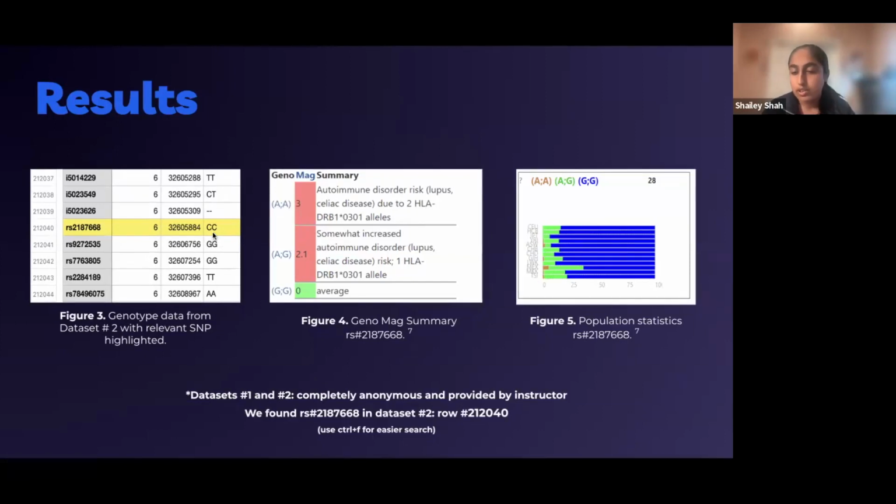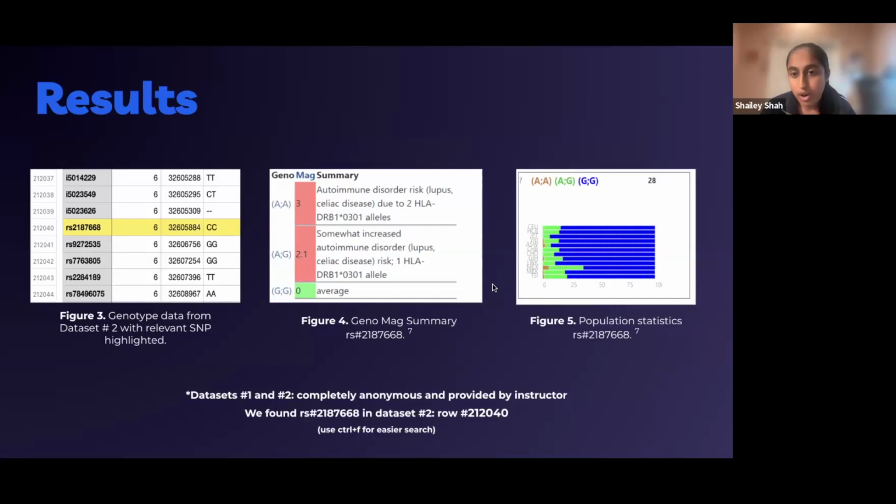This corresponds to a genotype of GG on complementary strands, which is a little more relevant to the table in the middle. This figure provides a summary of the genotypes and phenotypes associated with this SNP. Being homozygous AA poses an increased risk of celiac disease, being heterozygous is a somewhat increased risk, and being homozygous GG is average, meaning a reduced risk for celiac disease.